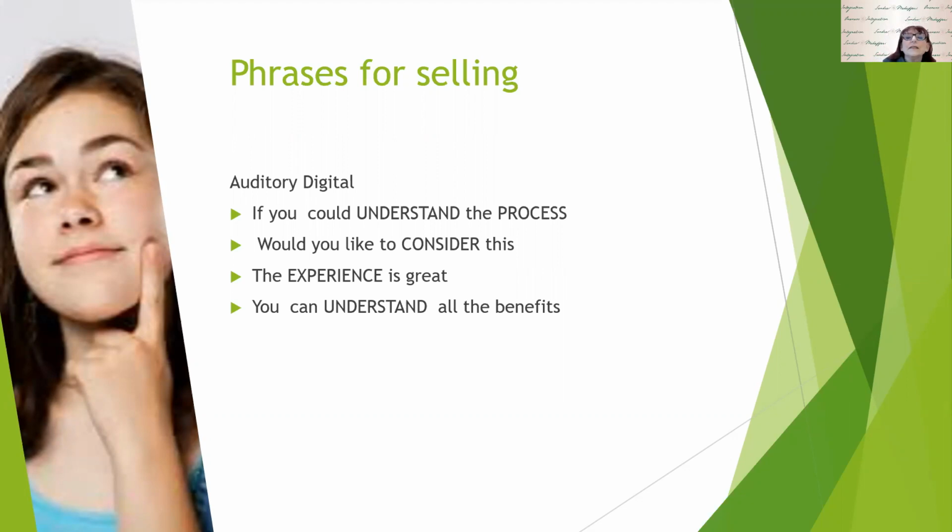The experience is great. They love experiences. Someone who's auditory digital loves everything about an experience of something, and being able to look at that experience and the process that they've gone through and actually think about it and analyze it. And the last one is you can understand all the benefits. It's really important because these people really need to understand all the benefits.